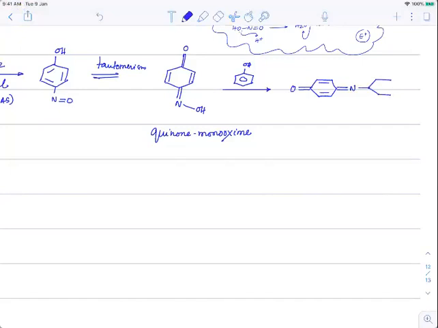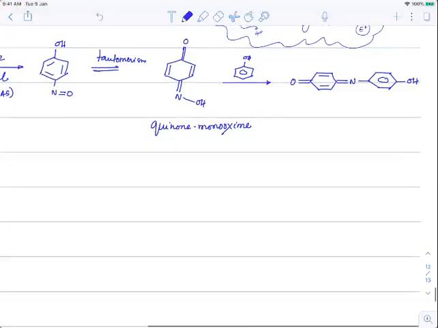This OH will be left out as H2O, and then phenol will attack on that.